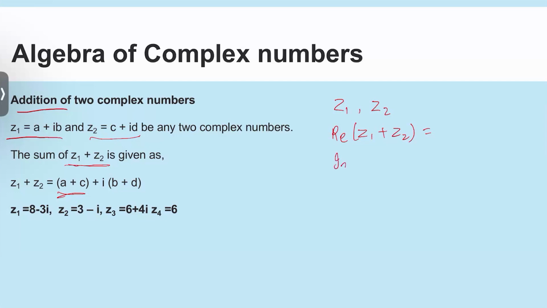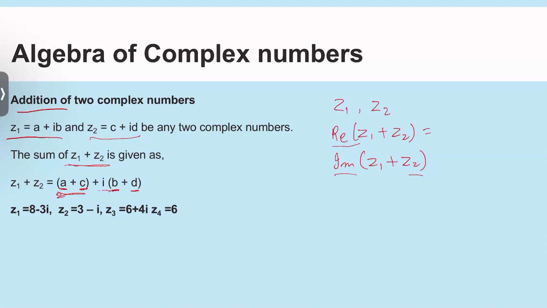And the imaginary parts have to be added together. You cannot add the real part of Z1 with the imaginary part of Z2, that is not how you calculate. So the real part of Z1 is added to the real part of Z2, and the imaginary part of Z1 is added to the imaginary part of Z2.